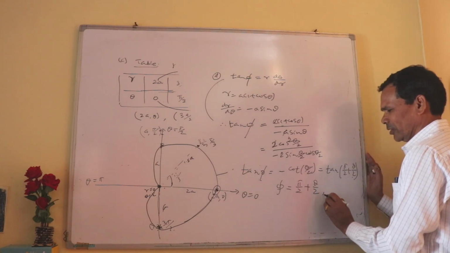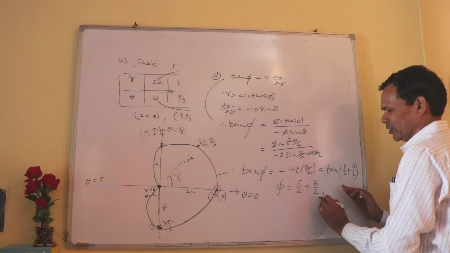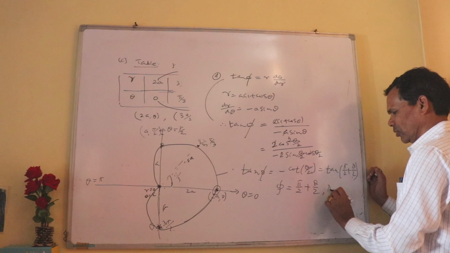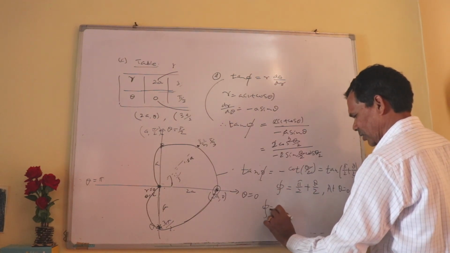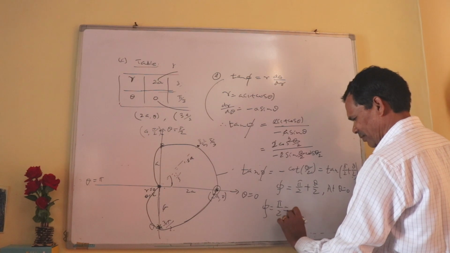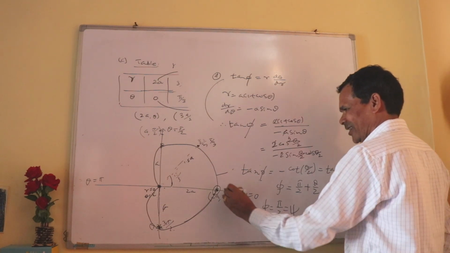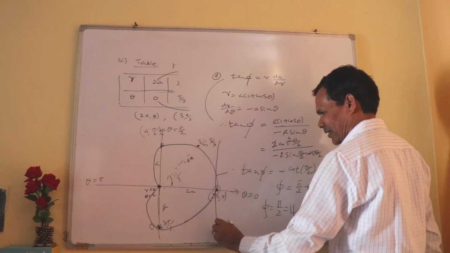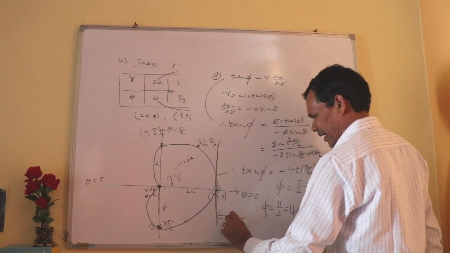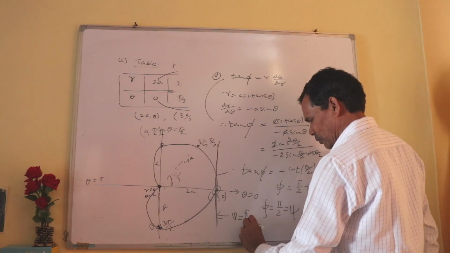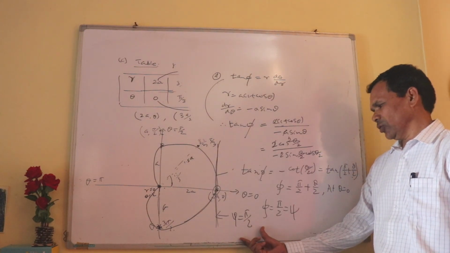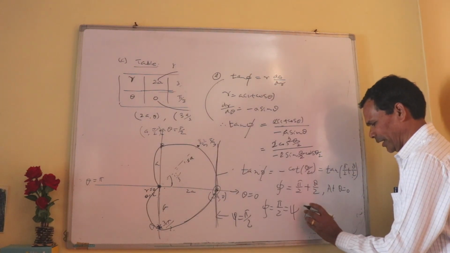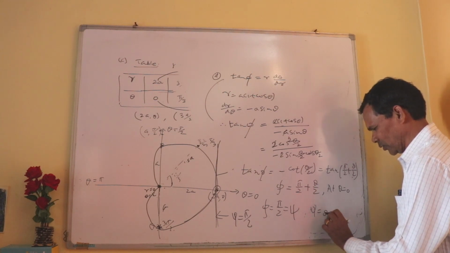But if you observe, we need this phi at theta is equal to 0. At theta is equal to 0, phi is equal to pi by 2, which is nothing but psi actually. So the tangent, psi is equal to pi by 2, is perpendicular to the initial line theta is equal to 0, because psi is equal to theta plus phi.